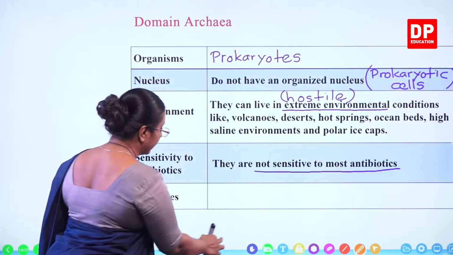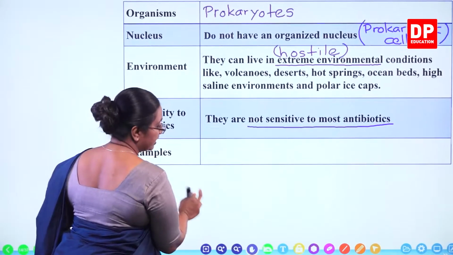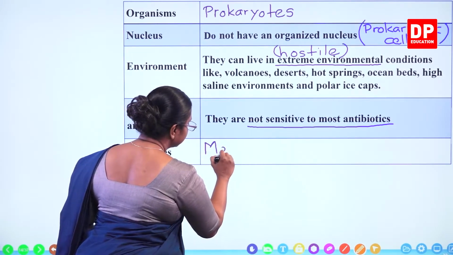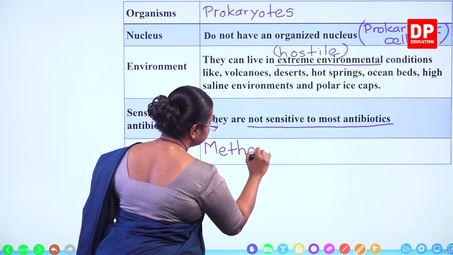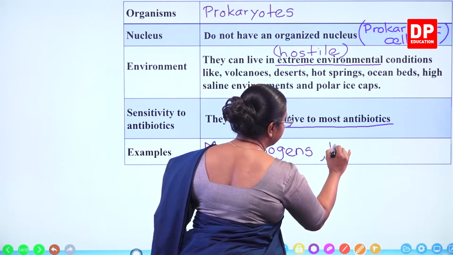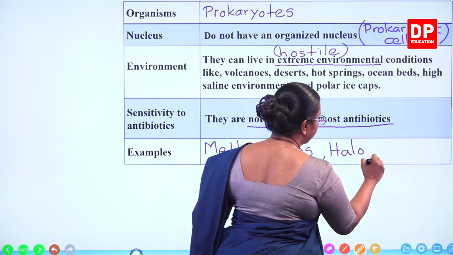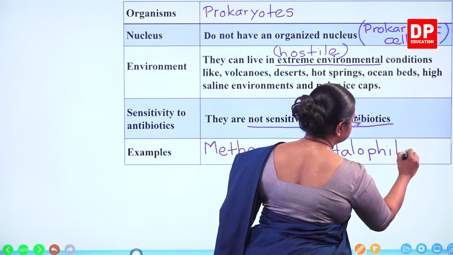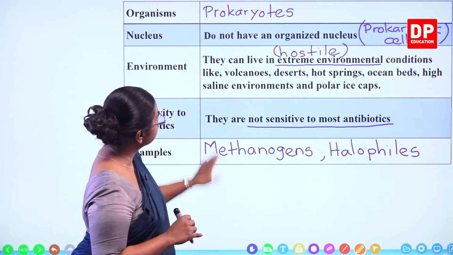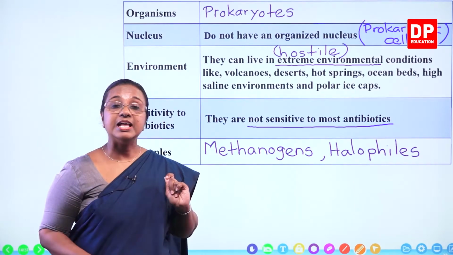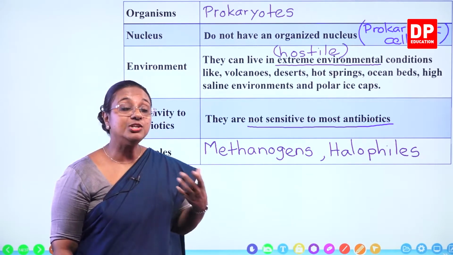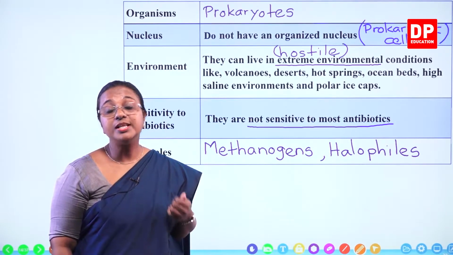Then, looking at examples, as I told you, those are the methanogens and halophiles. Those are the two types of organisms that belong here. Halophiles are normally salt-loving, or they like to live in extreme salt conditions.